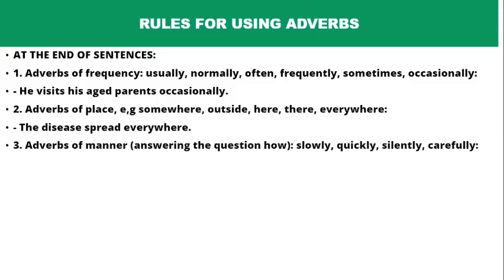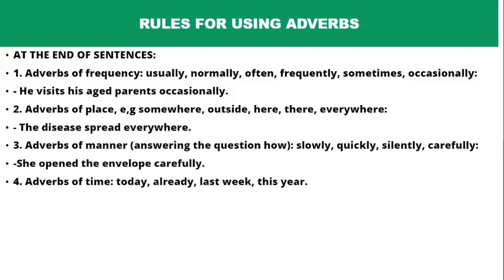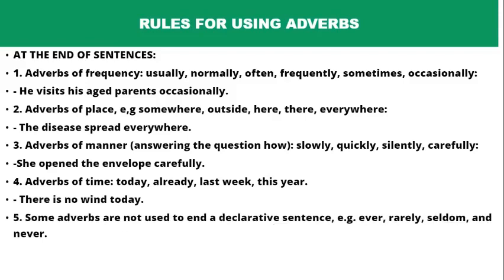Then adverbs of manner: slowly, quickly, silently, carefully. For example, she opened the envelope carefully. Then adverbs of time: today, already, last week, this year. For example, there is no wind today. So then number 5, some adverbs are not used at the end of a declarative sentence.